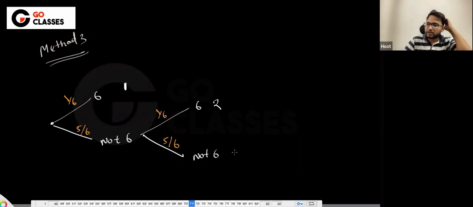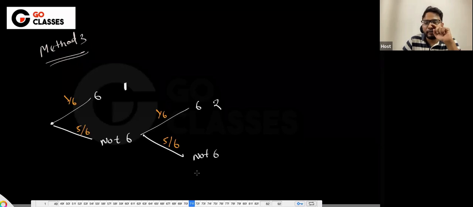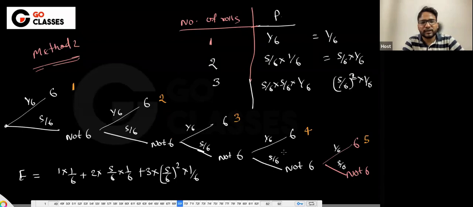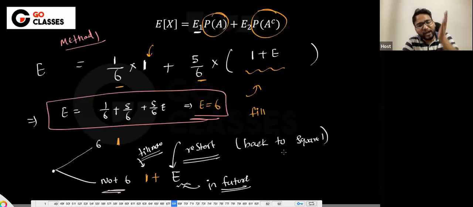Now suppose that at this point you realize, oh, what are we doing, we are rolling again and again. Basically, I need to restart my process. Now, at this point, can you tell me how many rolls you need, if you want to stop only at this point? See, in the first method, I stopped at the very first level.